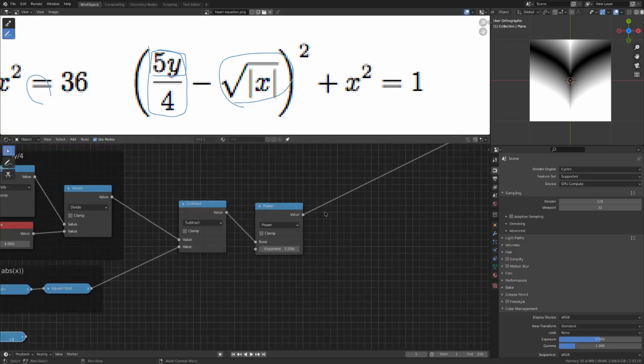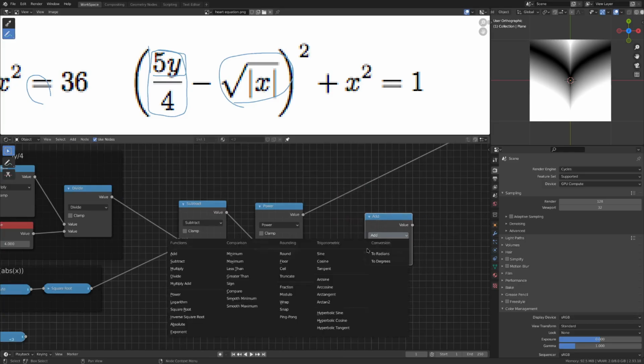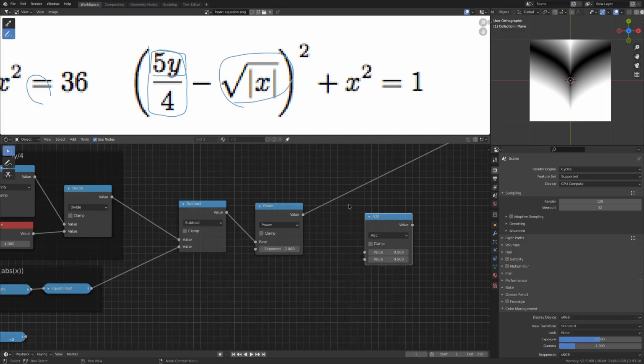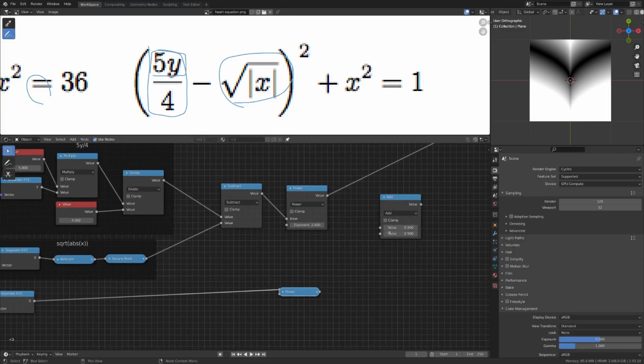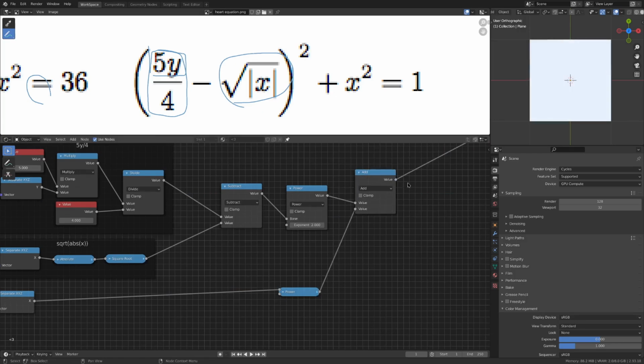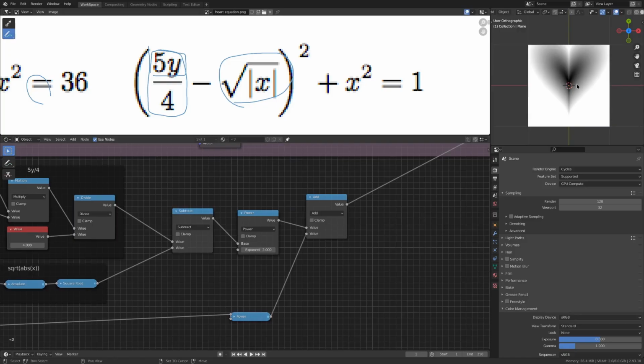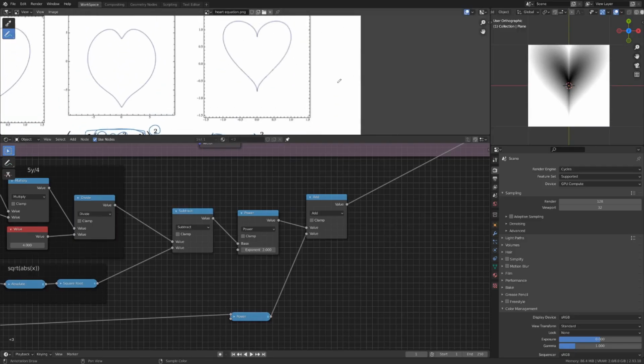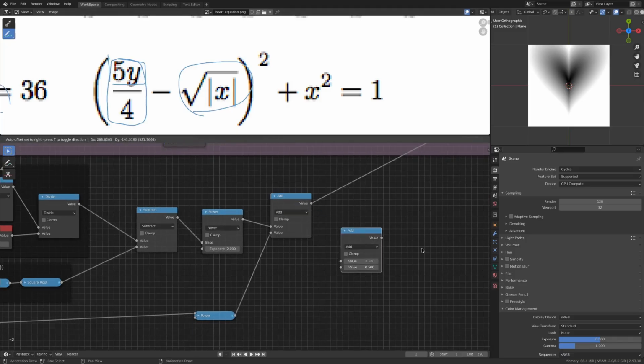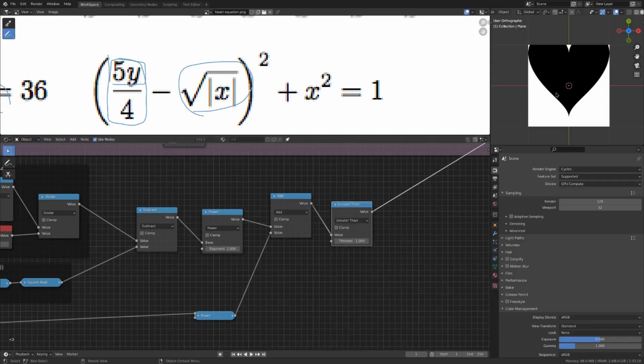So math greater than, oh wait, we need to add them, never mind. X square, add them, and which is greater than that 1. So we got this hot looking shape, right? We are almost done. X greater than 1, and we'll get this hot shape here.